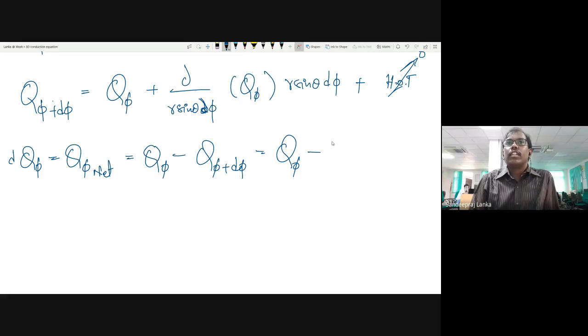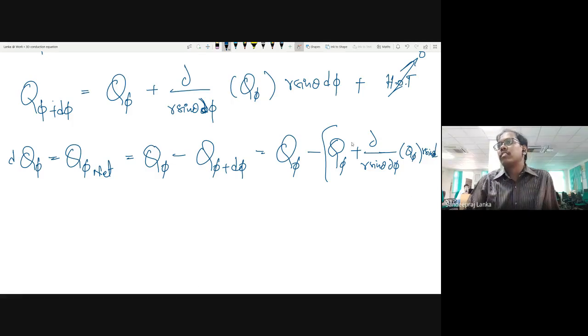So what you get here is q phi plus dou by r sine theta into dou phi into q phi into r sine theta into d phi. I will write it again more clearly at the bottom.